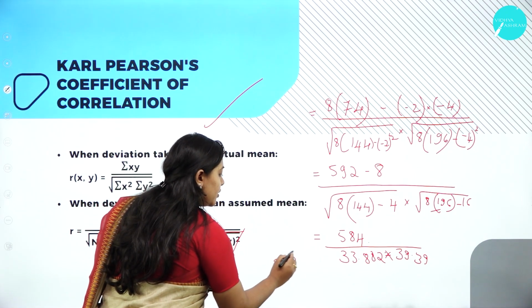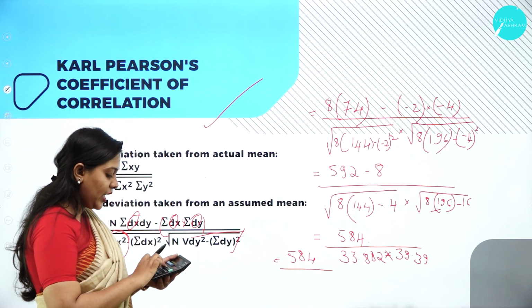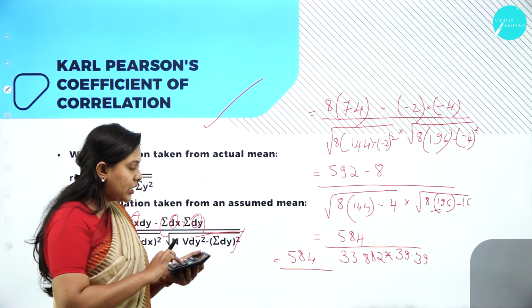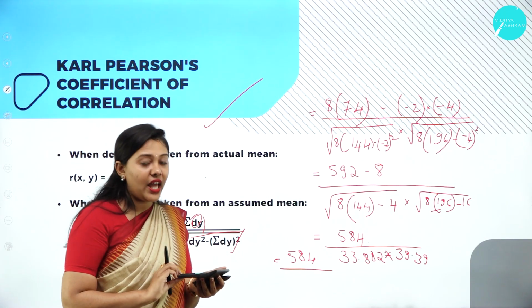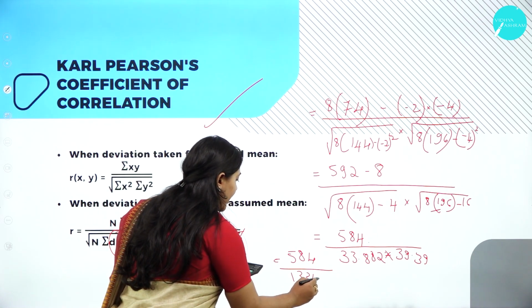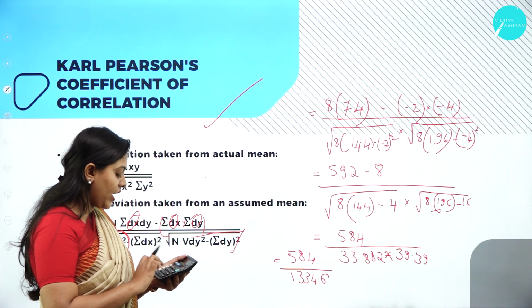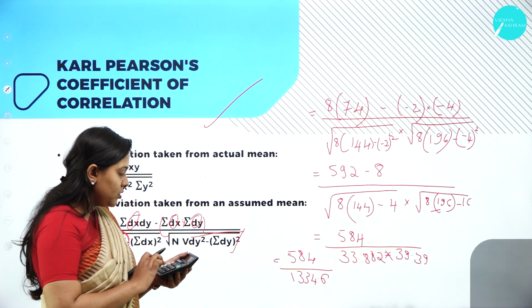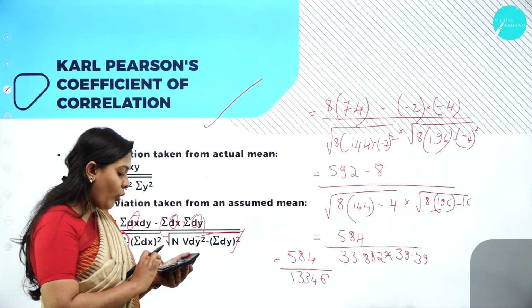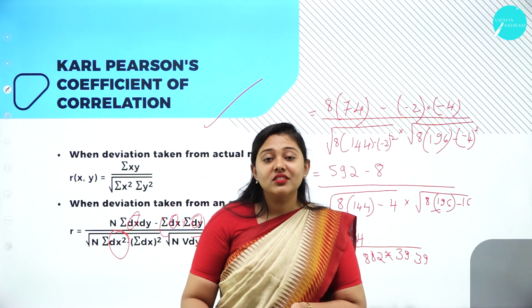So 584 divided by 33.882 into 39.39. The product is 1334.6. If you divide 584 by 1334.6, the answer will be 0.437.